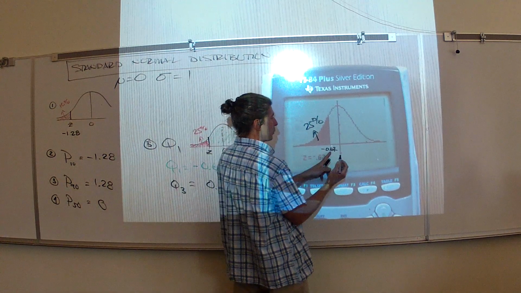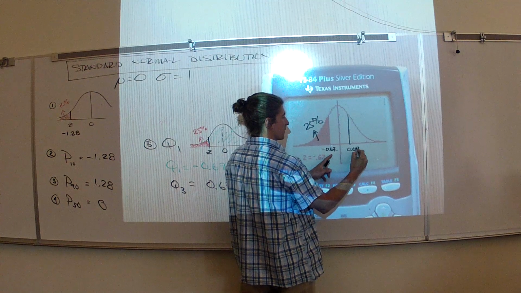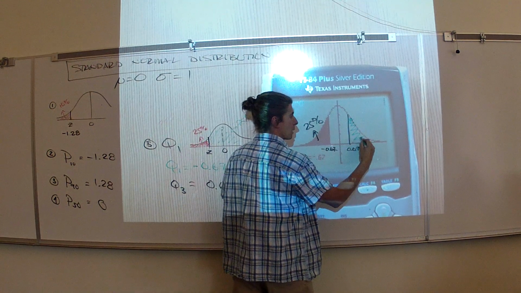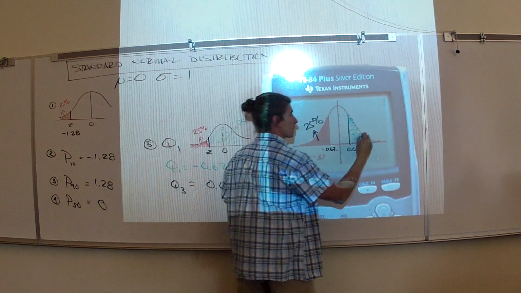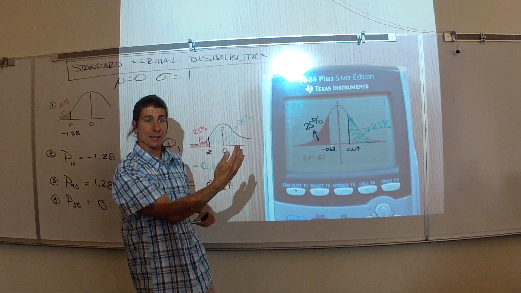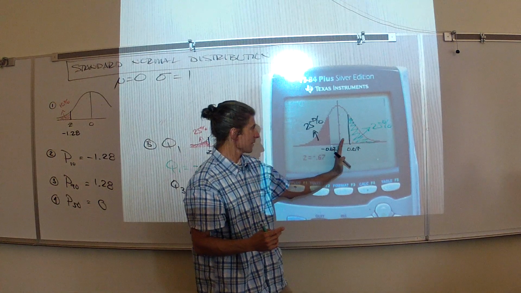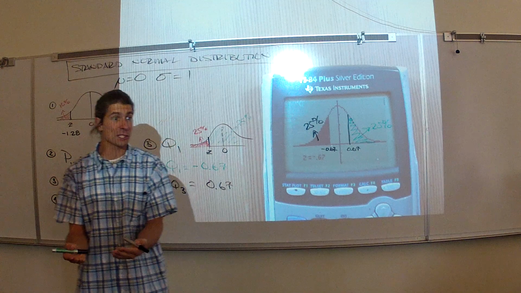So if I take that negative 0.67 and I slap it symmetrically over on this side, make it positive 0.67, and then I shade to the right of that, well, that has to be 25% too, doesn't it? To the right. Because it has to be symmetrically equal on both sides. And if that's 25% on that side, that means it's 75% all the way down.